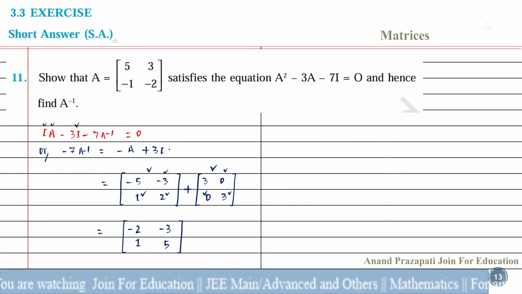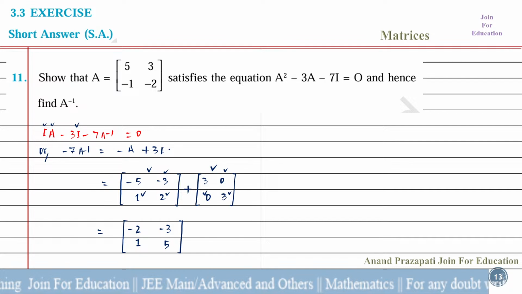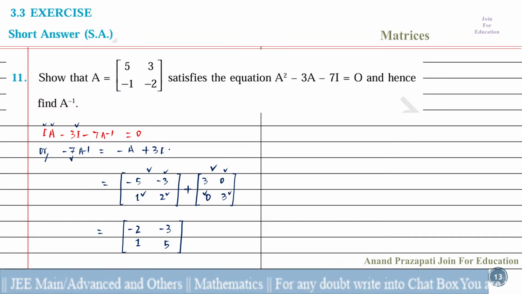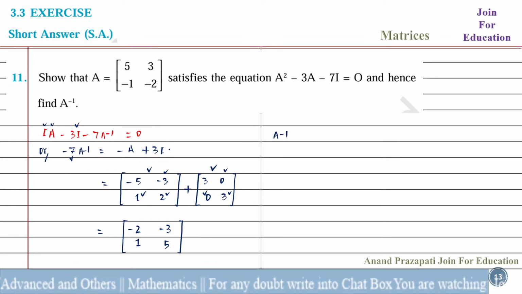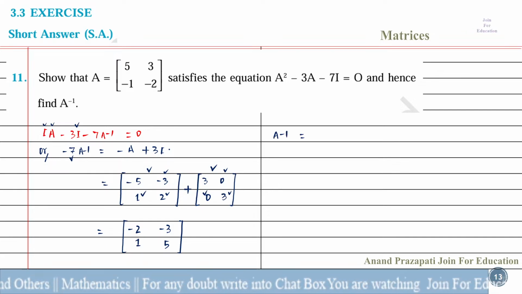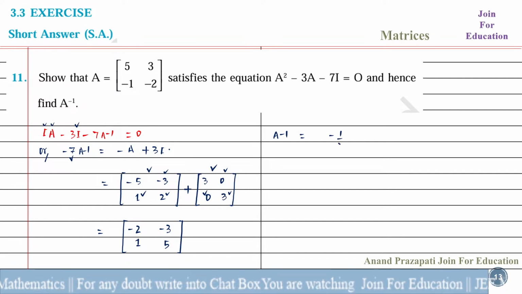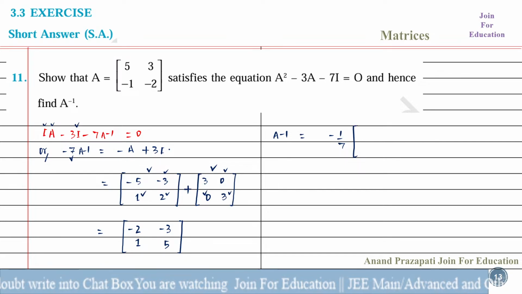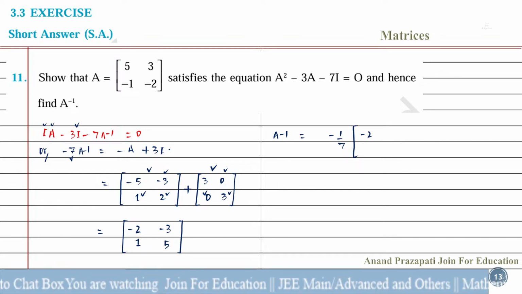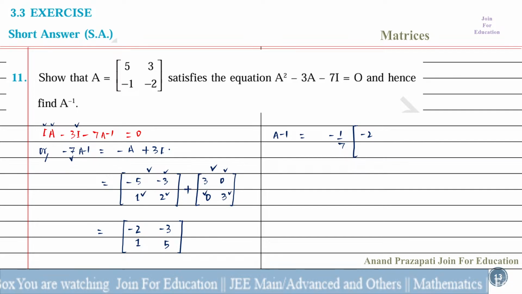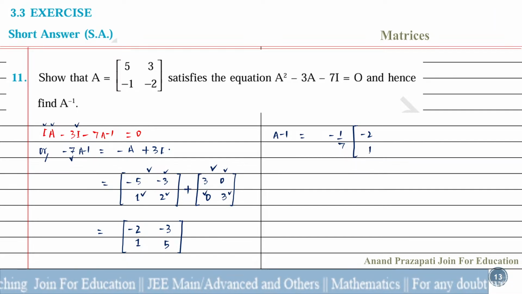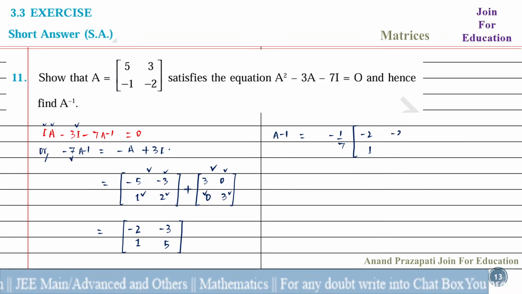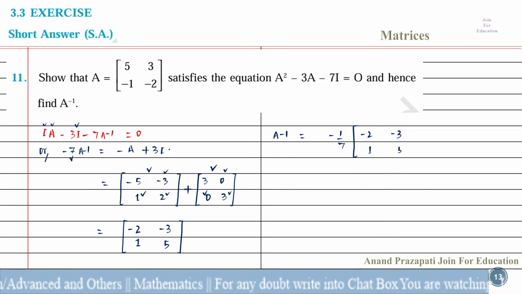Therefore, when minus 7 moves to the right hand side, in the left hand side we have A inverse equal to minus 1 by 7 into [minus 2, 1; minus 3, 5].